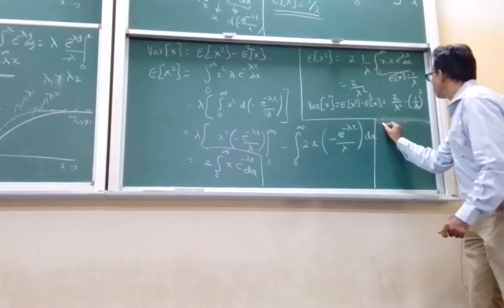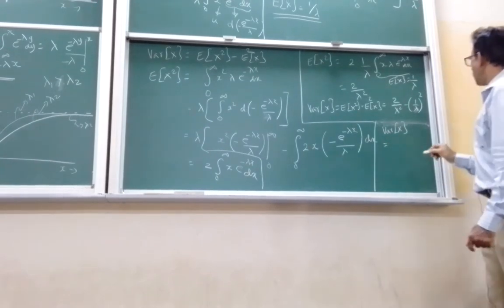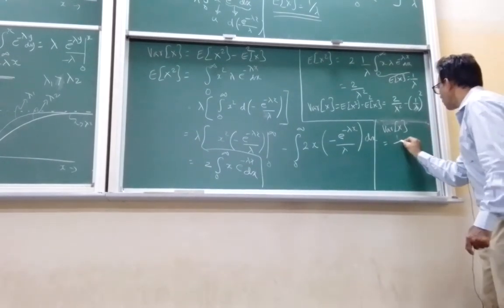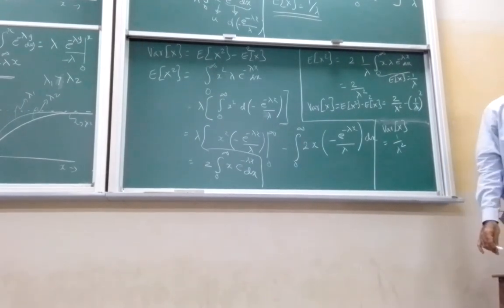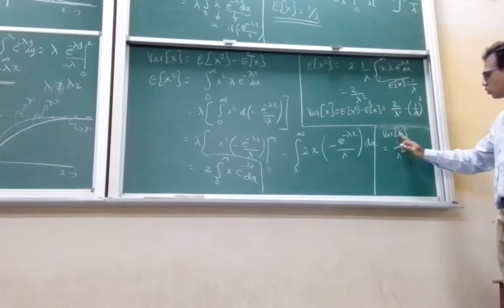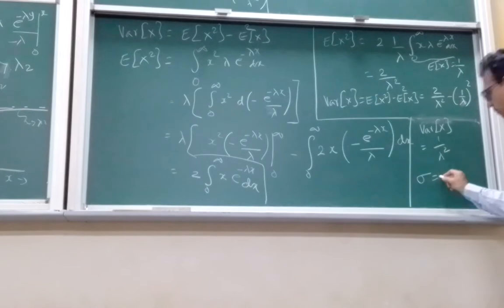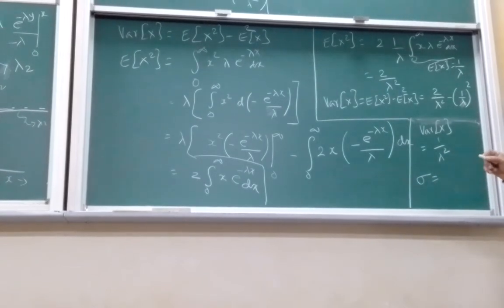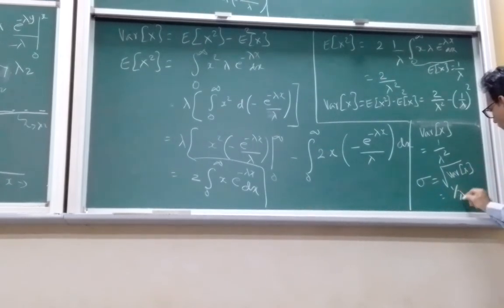So what is it? It is 1 over lambda square. So for an exponential random variable, the variance is 1 over lambda square. And sigma, the standard deviation, is 1 over lambda.